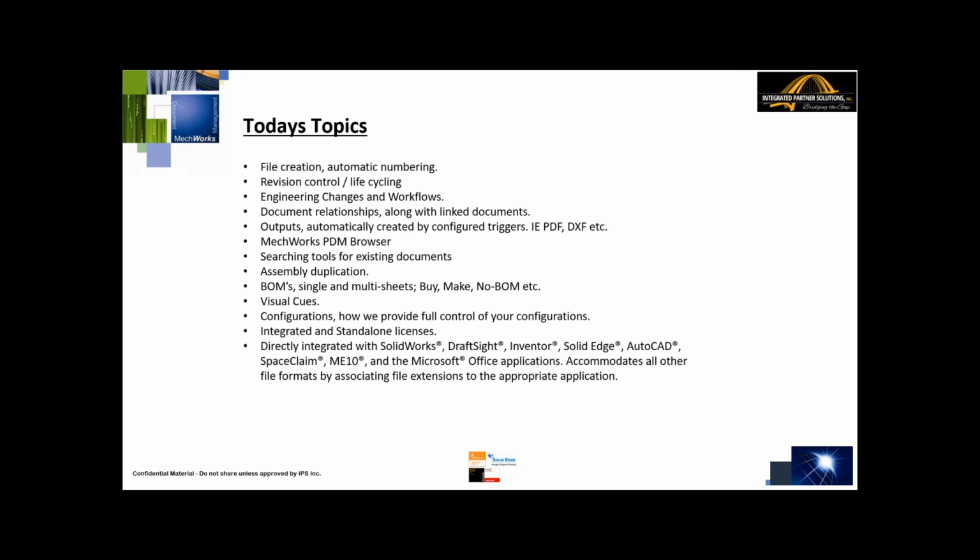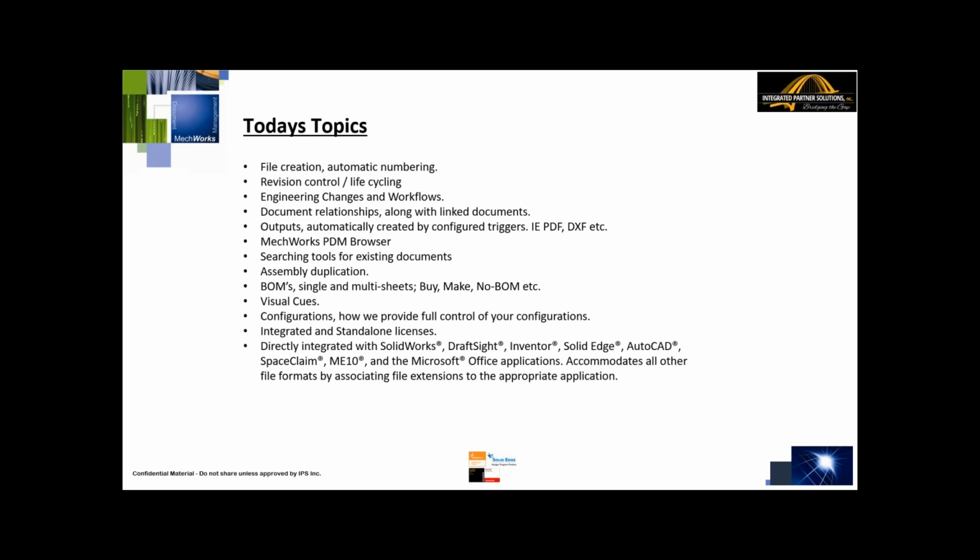We're going to look at the search tools, so find out how easy it is to find your existing documents. We're going to look at assembly duplication, and then we're going to move on to the bill of materials, how MechWorks PDM inherits the information from SolidWorks and then allows you to utilize that bill of material in ways that make sense in the real world.